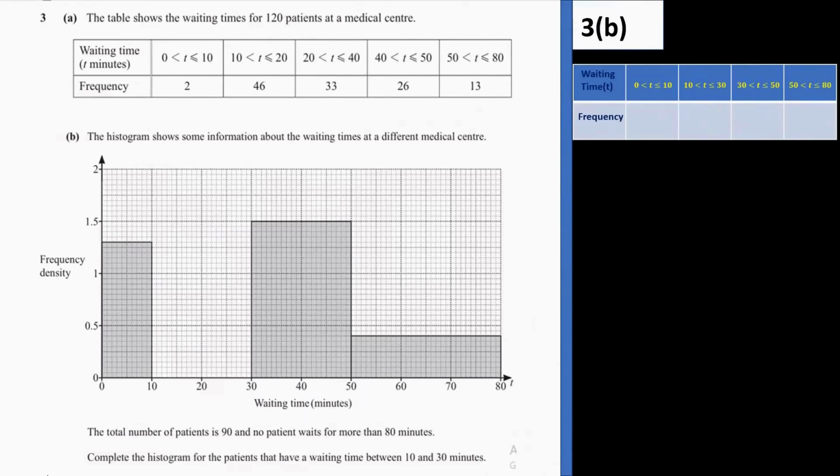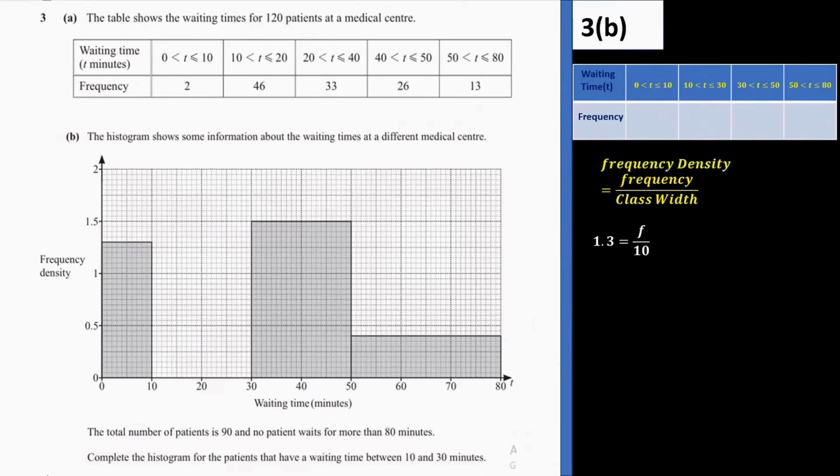Now how do we calculate frequency when we are given frequency density? For us to get frequency, we need to understand first how to calculate frequency density. Frequency density equals frequency over class width.